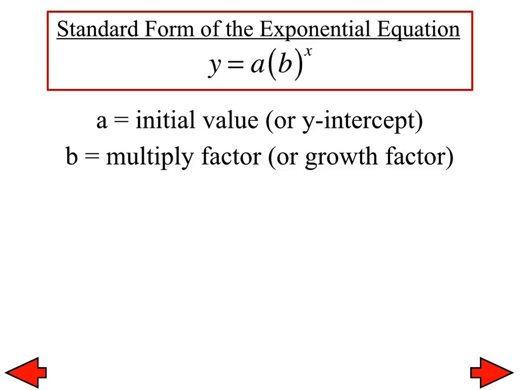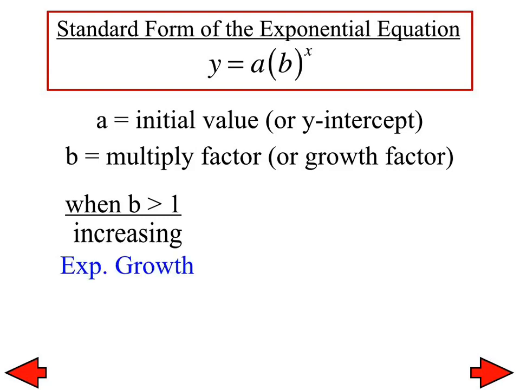And this slide is sort of putting together all the things that we've been going through in the last couple of lessons. Yesterday we realized that when b is greater than 1, that tells us that we're going to have an exponential function that is increasing, and as we learned 2 lessons ago, that also can be thought of as exponential growth.